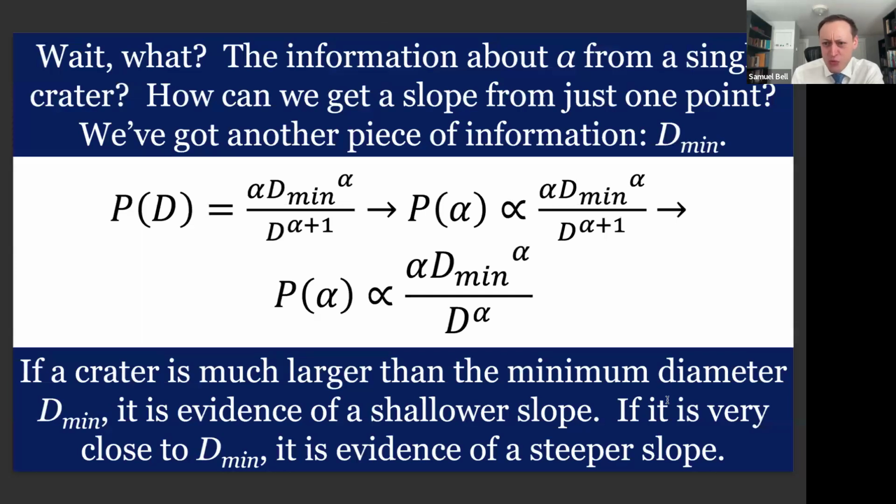How can we get a slope from just one point? See, we've got another piece of information, dmin. If a crater is much larger than the minimum diameter, dmin, it is evidence of a shallower slope. If it is very close to dmin, it is evidence of a steeper slope.